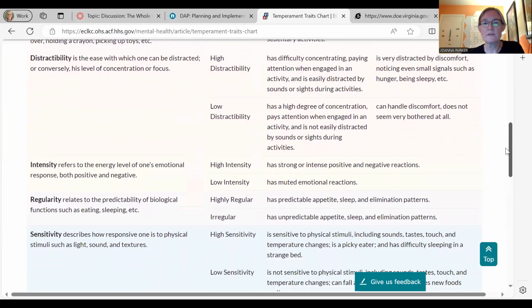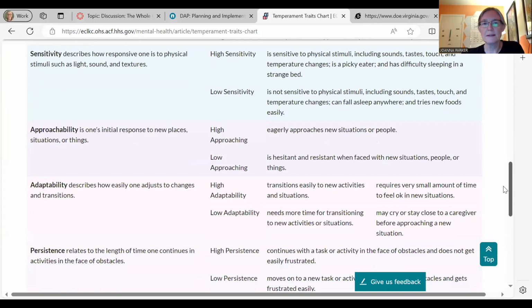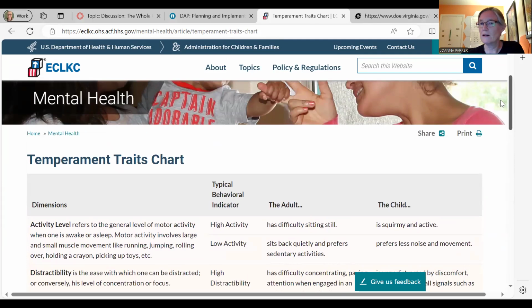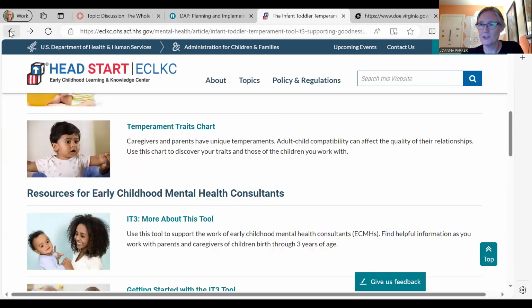When we look at what this looks like in terms of high intensity, low intensity, we can think about our children who are active, our children who are more hesitant and slow to warm up, our children who are more flexible. We often talk about these 3 categories of our fearful, our flexible, and our feisty children. And so that gives us a little bit more information about how these traits work together.